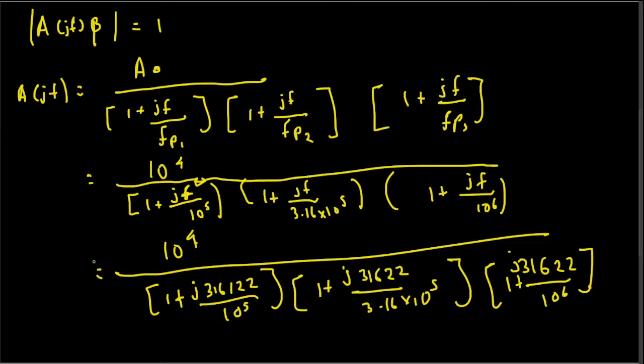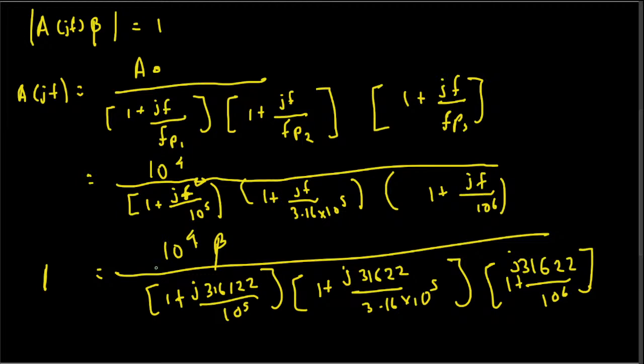Okay, so this is this, and if you multiply this one with beta, that is equal to 1. This is the A value, and if you multiply this one with beta, that is equal to 1. So from this one you have to just solve for beta.